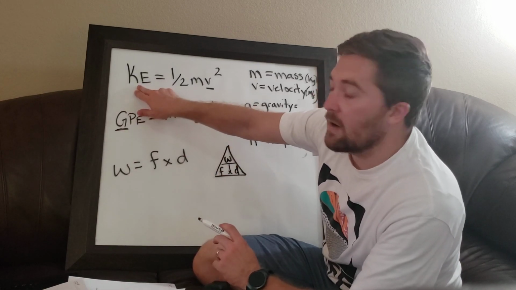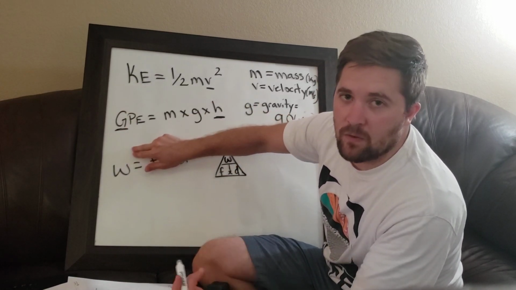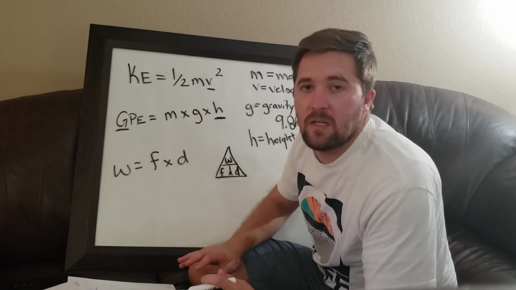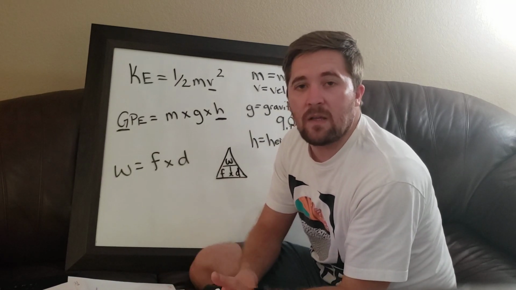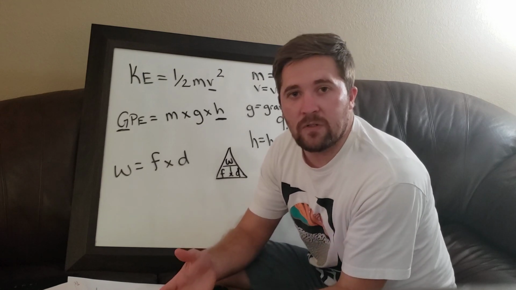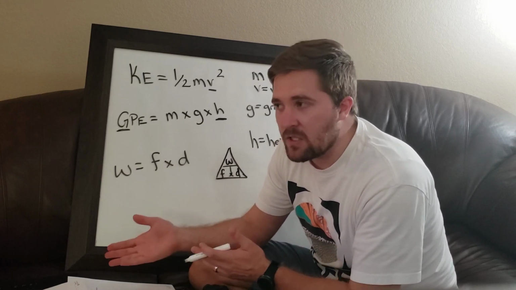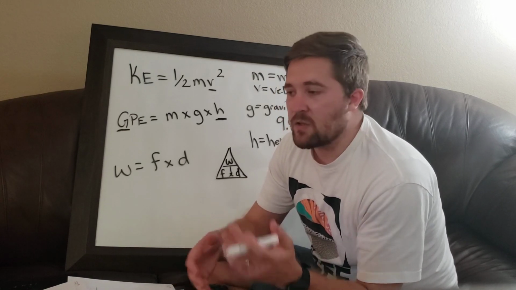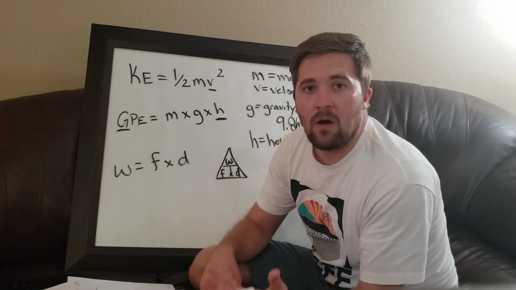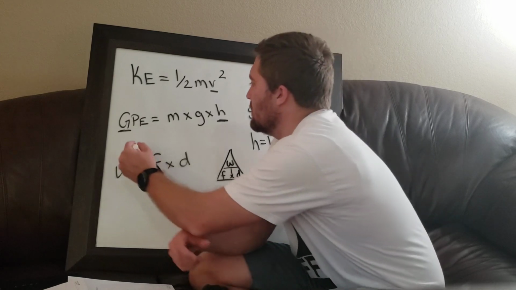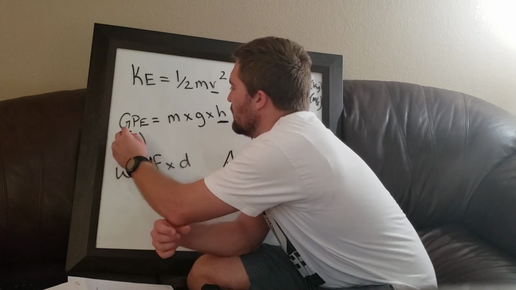Oh, and remember, your energies are in joules. Every type of energy is in joules. That's why when you transfer from electrical energy to thermal energy, or light energy into heat energy, they transfer across because they're all measured in joules. Okay, so we can put J for joules here.